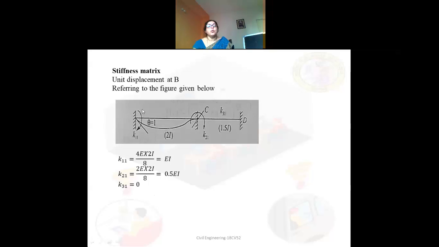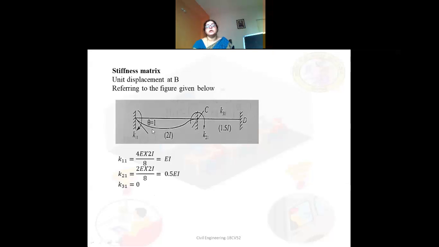So what is K11? What is the force developed at coordinate 1 due to a rotation of 1 at coordinate 1? It is 2EI by L into 2 theta B plus theta C minus 3 delta by L. Theta C is equal to 0, theta D is equal to 0.